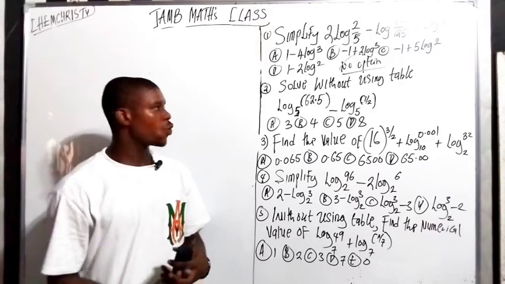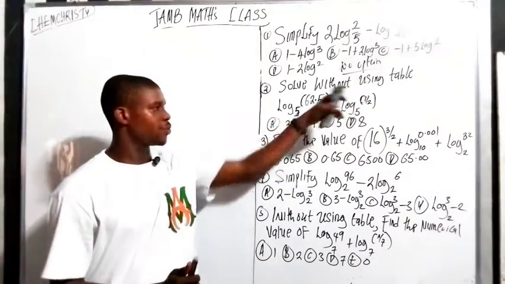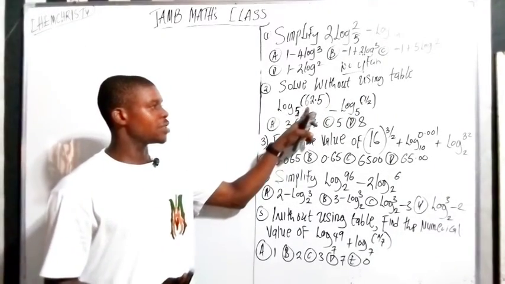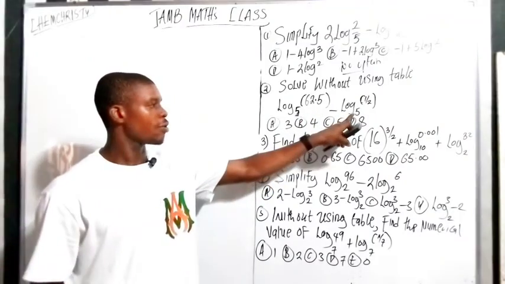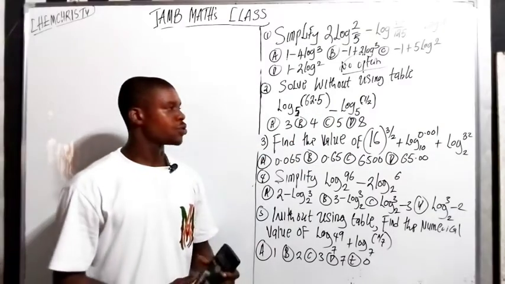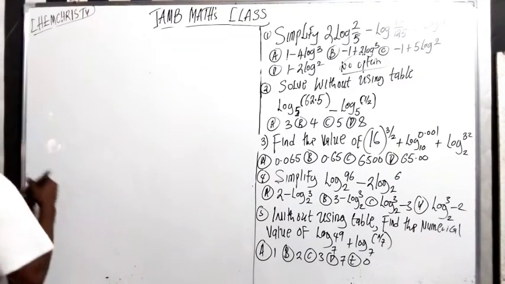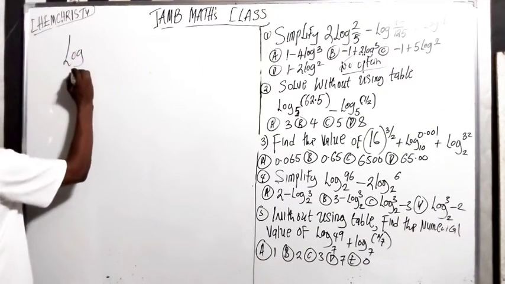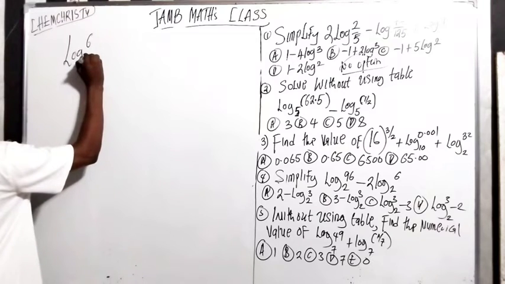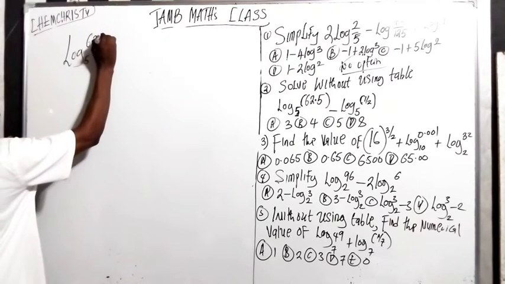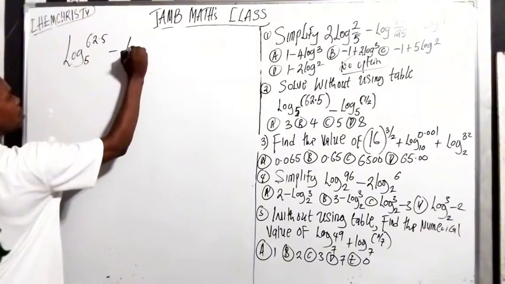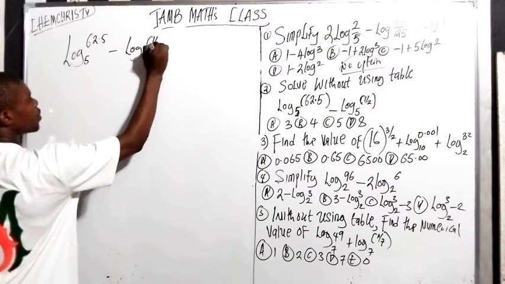So let's evaluate the second question. Solve without using table. Log base 5 62.5 minus log base 5 1 over 2. They have the same base. So let's evaluate it. Log base 5 62.5 minus log 1 over 2.